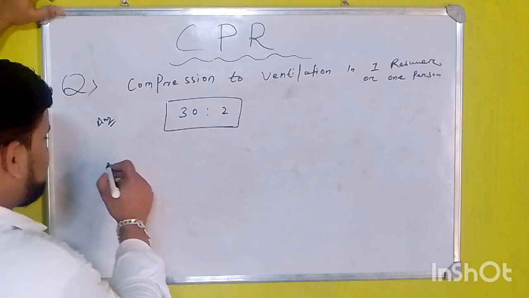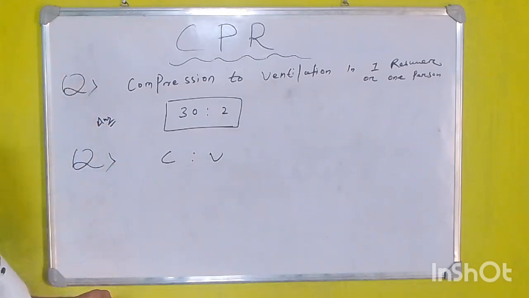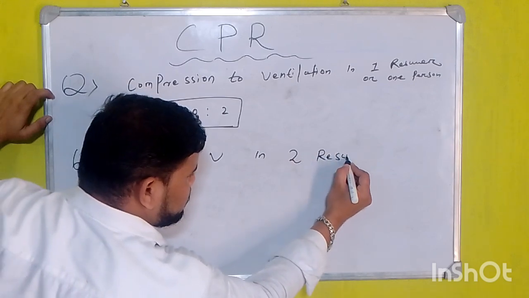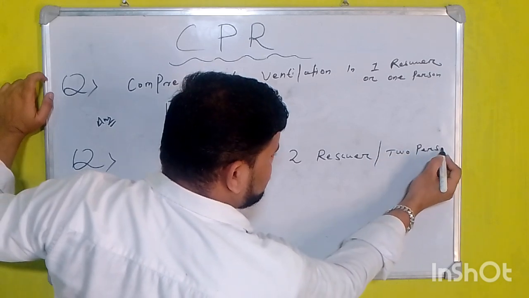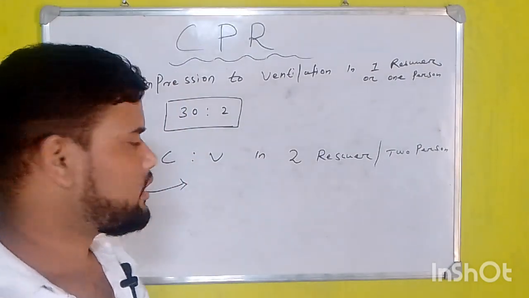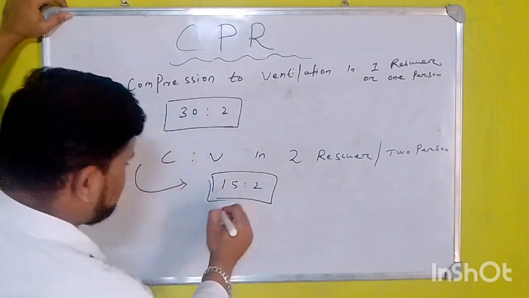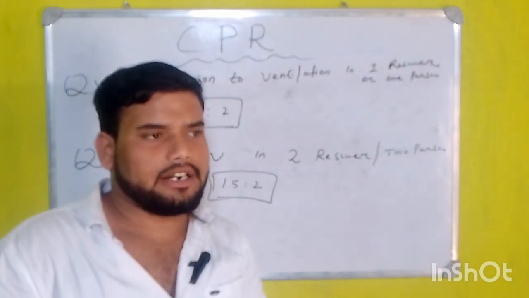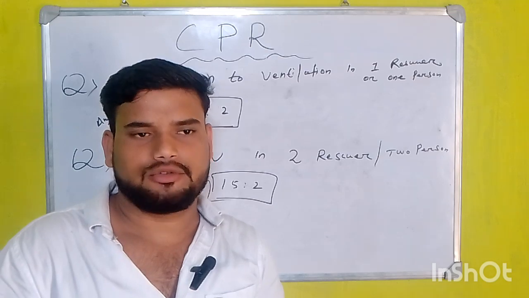But compression to ventilation in two rescuers or two persons, that is 50:2. So compression to ventilation in one rescuer is 30:2, and in two persons it is 50:2.